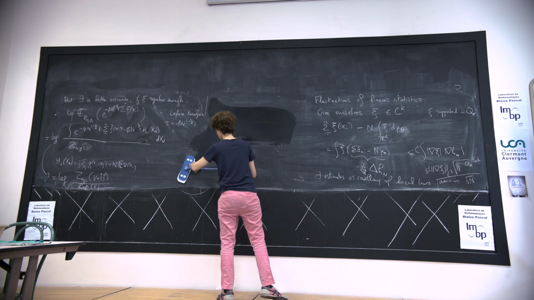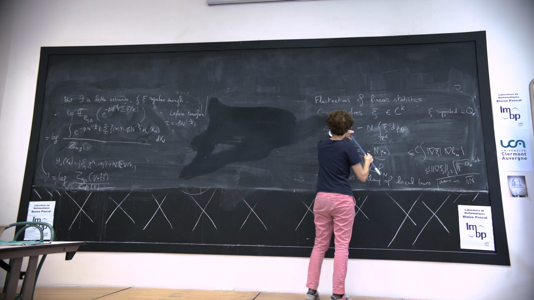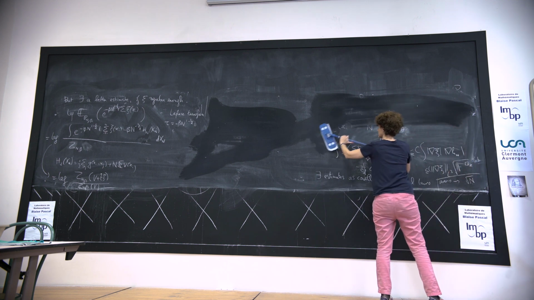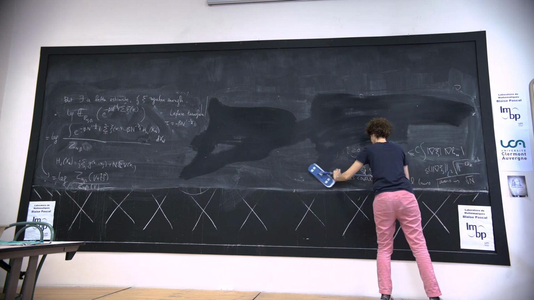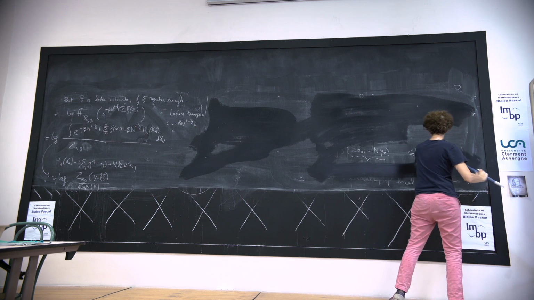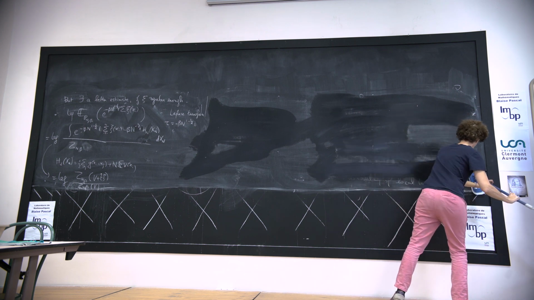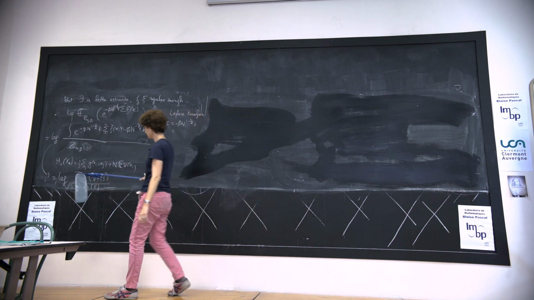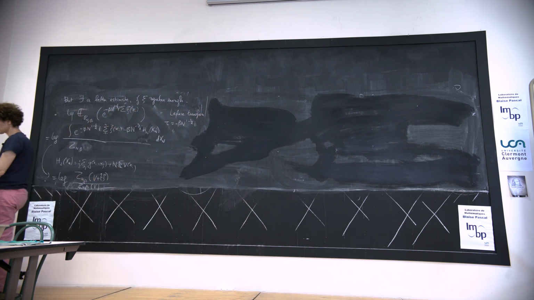If you're able to understand those log Z's very precisely, you have a chance of understanding these fluctuations. And what you need is to understand how the log Z depends on the potential. You would like some explicit formula, ideally.